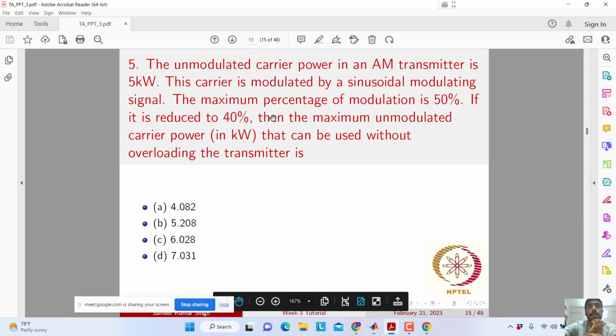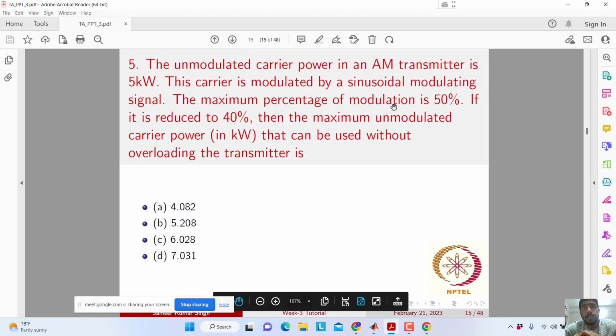Okay, actually, question given. I will start from the initial. The unmodulated carrier power in an AM transmitter is 5 kilowatt. Before modulation, we have 5 kilowatt. Next, the carrier is modulated by a sinusoidal modulating signal.